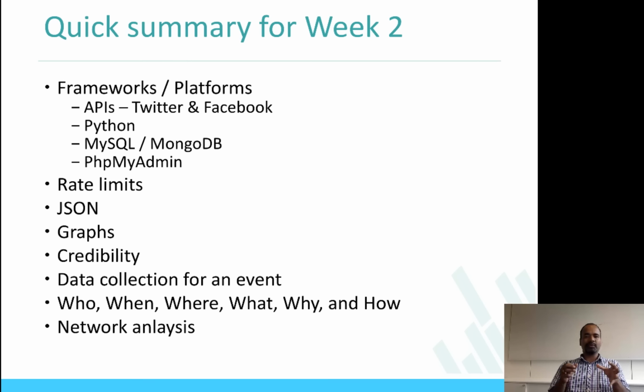Please remember that there are always going to be rate limits when you're collecting data from these social media services. And we talked a little bit about the format in which the social media services store the data, which is JSON, and when you collect the data, you're going to get JSONs, which you'll have to analyze through your scripts. And Facebook stores all the data in terms of a graph. We looked at that briefly.